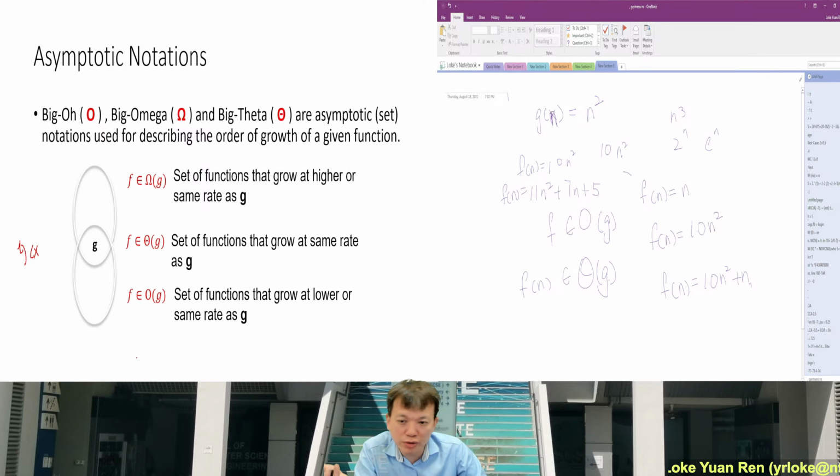Of course, based on the definition, you can also say it is big omega, also big O. They are the same. But the more precise definition should be big theta, because all these are quadratic functions.